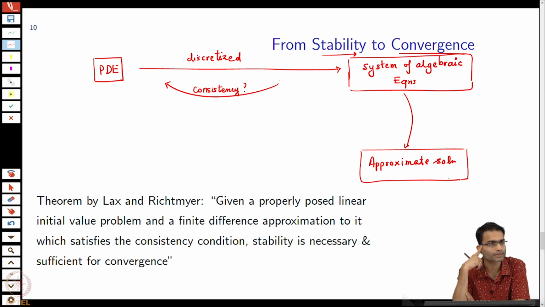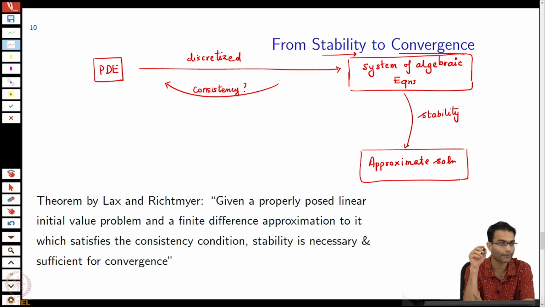And under what conditions did I get this approximate solution? Stability, right. Under stability, the approximate solution that I got made sense. So, there is a notion of stability in going from here to here. Okay.